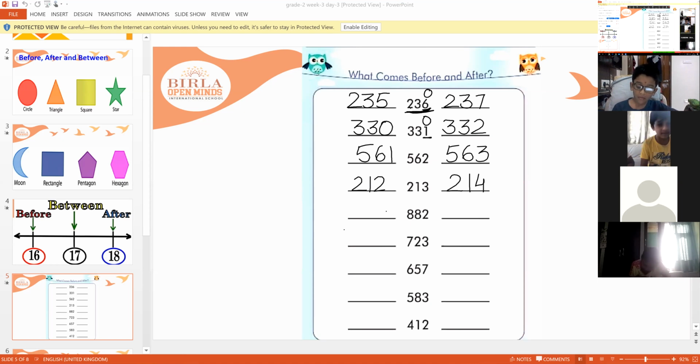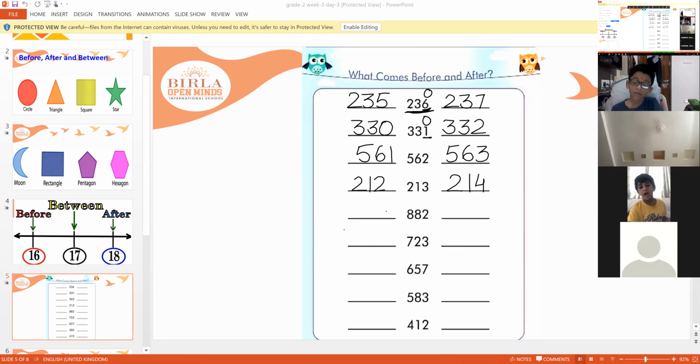Devansh Agarwal. Devansh, am I audible to you? Devansh, tell me which number comes before 882 and which number comes after 882. Quickly. Yes, ma'am.